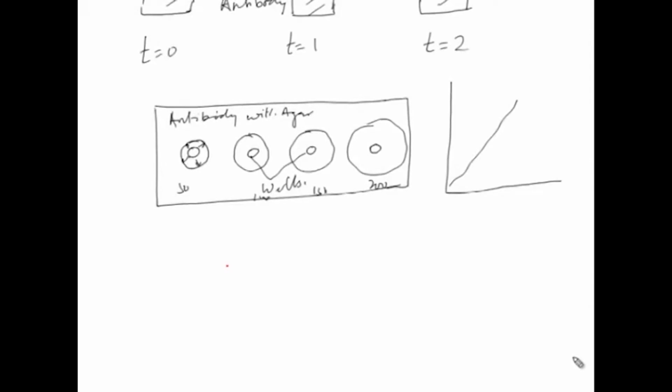Now, the same thing can happen with double immunodiffusion. Let us see how double immunodiffusion will occur. In double immunodiffusion, rather than simply the antigen moving, both things will move. In a single dimension, there will be an antigen solution, and then there will be agar which does not contain anything, and there will be agar containing antibody.